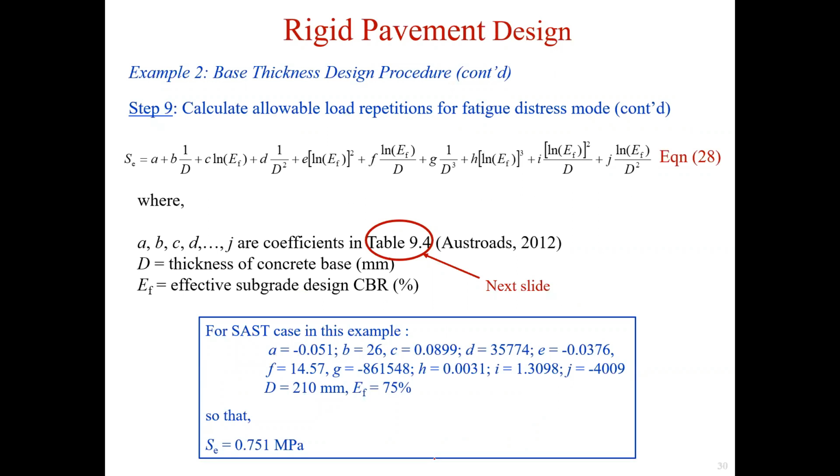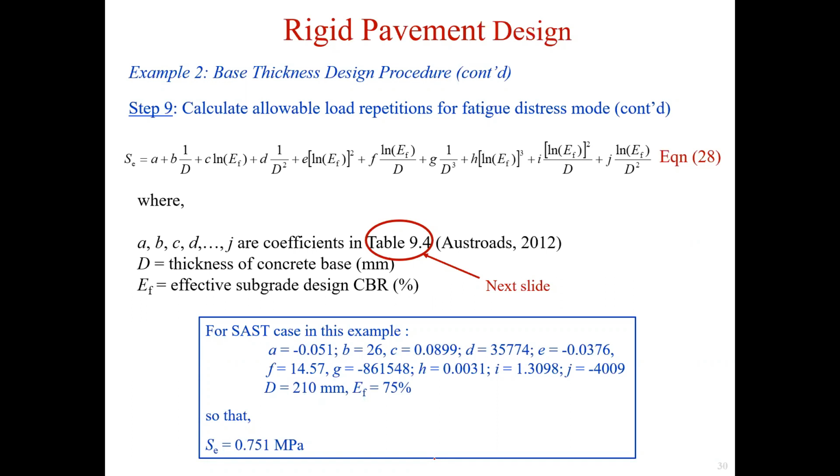This is the formula for SE. We use the A, B, C, D to J coefficients in table 9.4. D is the concrete base thickness in millimeter, and EF is the effective subgrade design CBR in percent. So for this SAST case, we refer to the values for A to J in table 9.4 from the next slide.